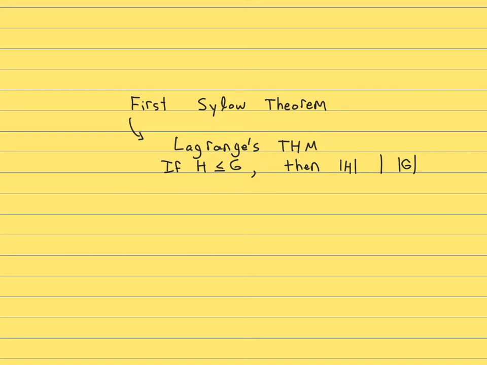The question is to find a converse to Lagrange's theorem, which is: given any divisor, does there exist a subgroup of G with that order?